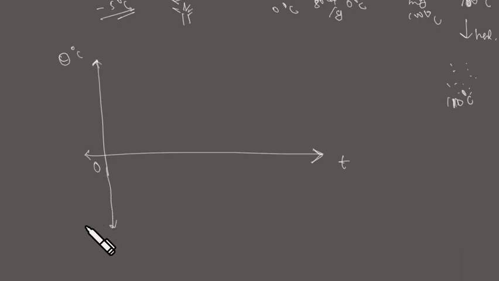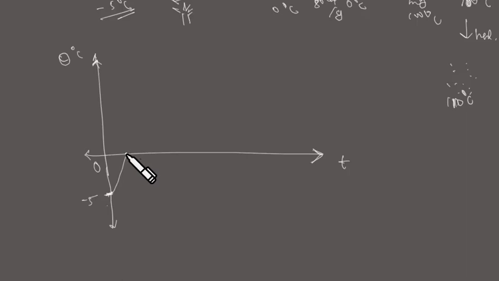This is 0, and this is minus temperature. Somewhere here is minus 5 degrees, and somewhere here is, let's say, 110 degrees Celsius. At time t equals 0, the ice was at minus 5 degrees Celsius, and then we start heating the ice and the temperature becomes 0 degrees Celsius after some time. And then when it reaches 0 degrees Celsius, it starts changing its state.